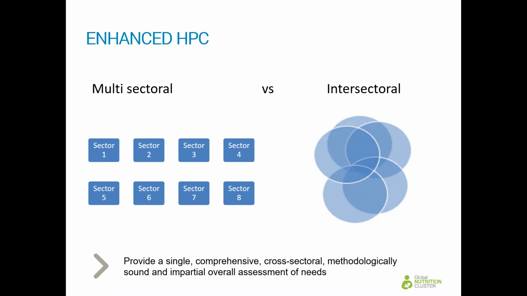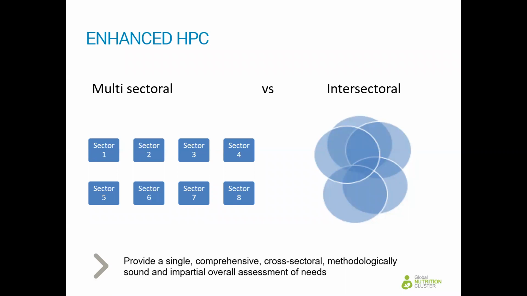And the whole idea of what we label the enhanced HPC is to provide a single, comprehensive, cross-sectoral, methodologically sound and impartial overall assessment of needs, as opposed to compartmentalized ones. Now, for nutrition, much of that is already how you are used to working, because nutrition is per se already an intersectoral topic.